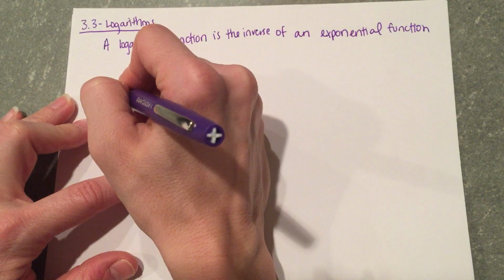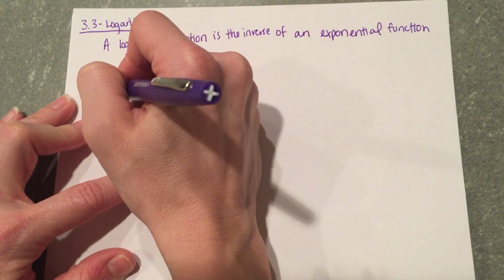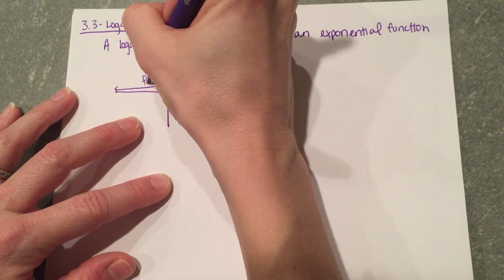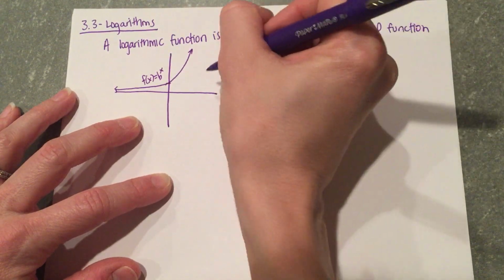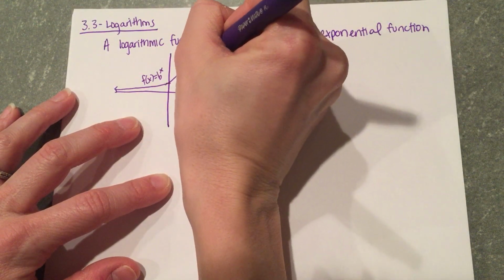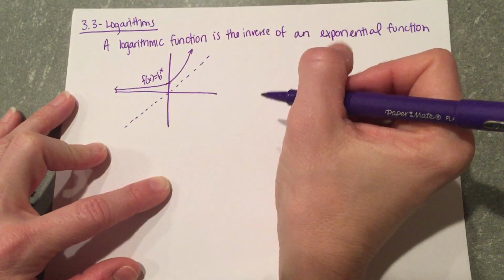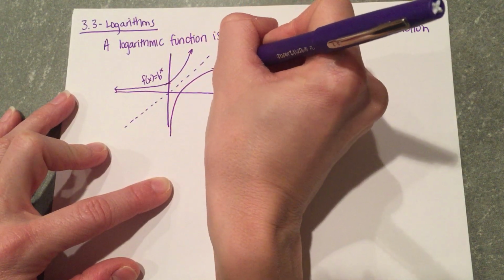We know they go through the point 0, 1, and then 1 in the base. They kind of look like that. So if that is f of x equals b to the x, let's say, so it could be any base, then if I have an inverse, remember they should be reflections over the line y equals x. So a log function actually looks like this.